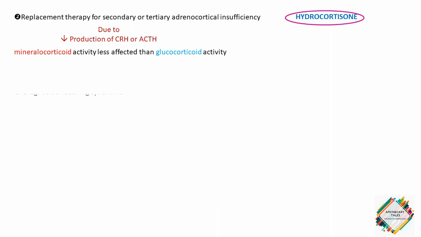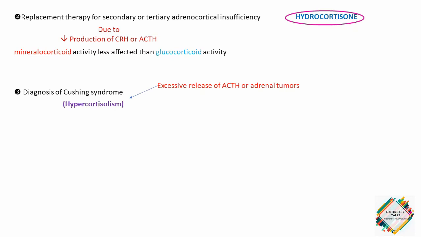Next, it is used in the diagnosis of Cushing syndrome. Cushing syndrome is usually caused by the hypersecretion of the glucocorticoids, also termed hypercortisolism, that results from excessive release of ACTH by the anterior pituitary or an adrenal tumor. Remember, the chronic treatment with high doses of glucocorticoids is a frequent cause of iatrogenic Cushing syndrome.